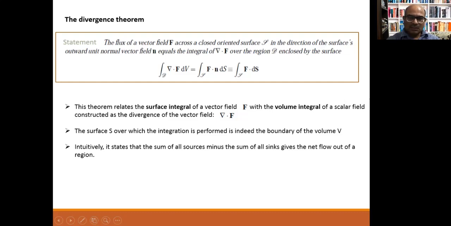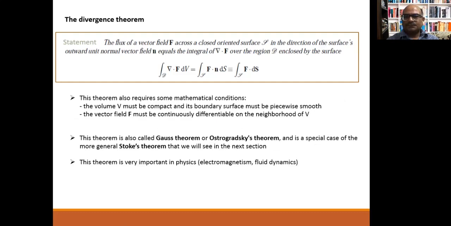So this theorem relates the surface integral of a vector field with the volume integral of a scalar field constructed as the divergence of the vector field, del dot F, and the surface S over which the integration is performed is indeed the boundary of the volume V. Intuitively, it states that the sum of all sources minus the sum of all sinks gives the net flow out of the region, because the divergence is actually all that above.